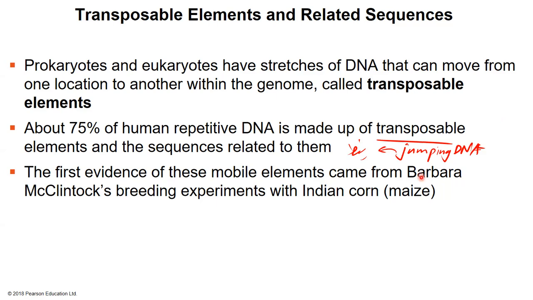So the first scientific evidence for these mobile elements came from studies done on maize, or Indian corn, by a female scientist called Barbara McClintock.